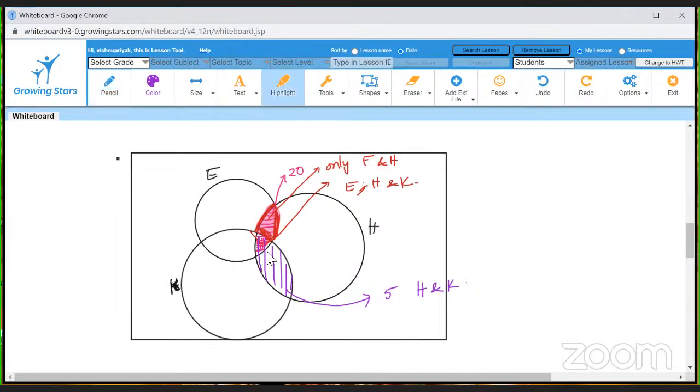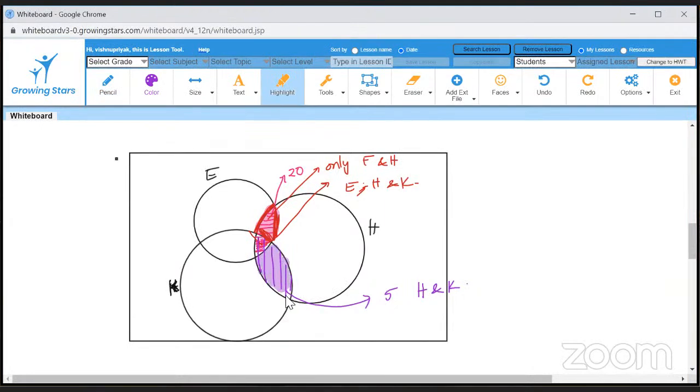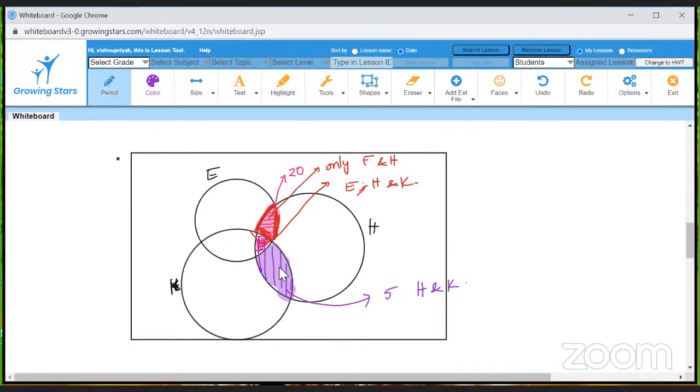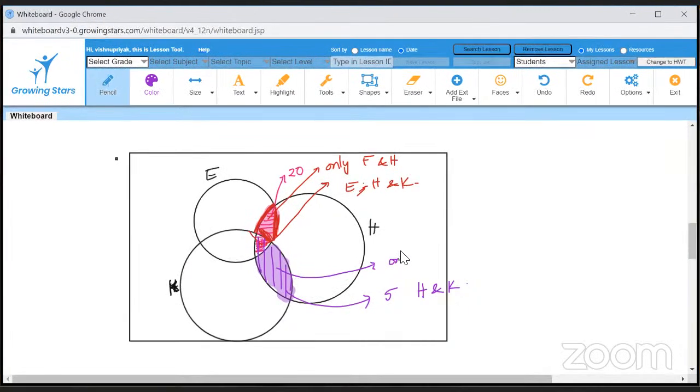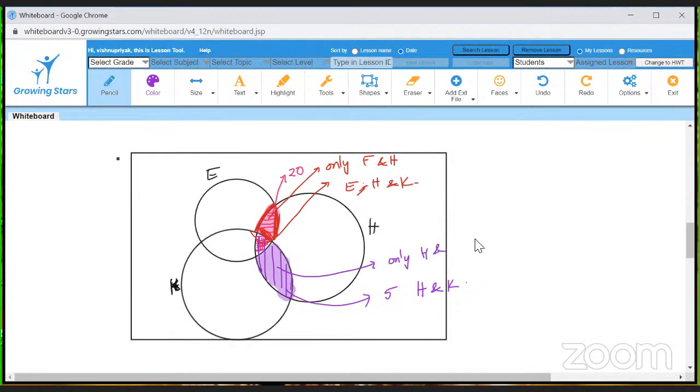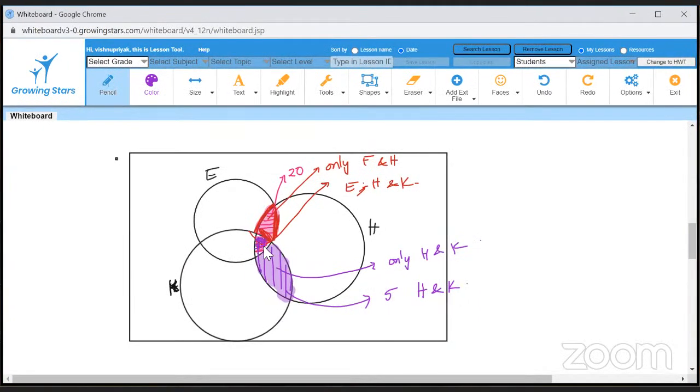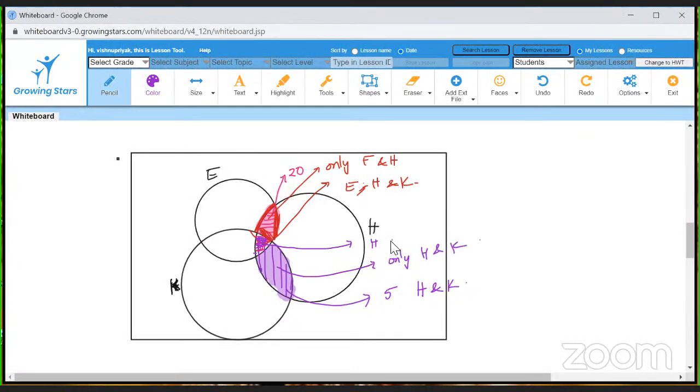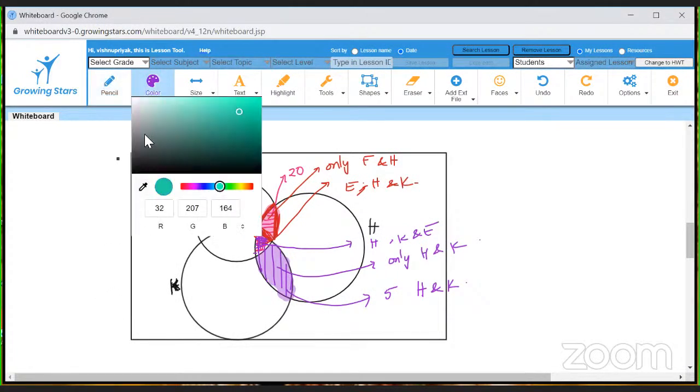But if you take only this region, these people speak only Hindi and Kannada. That is because in this triangle region, people speak Hindi, Kannada, and English also. That is what you have to recognize first.